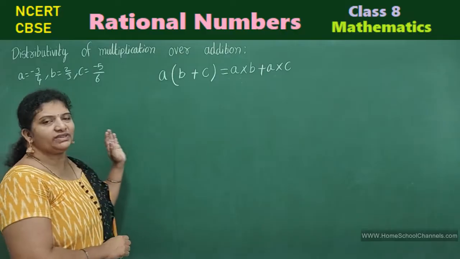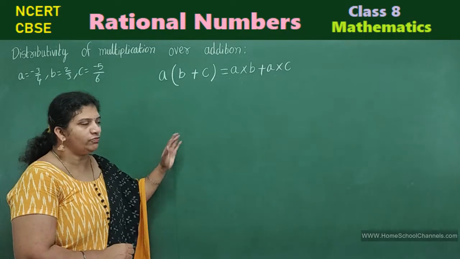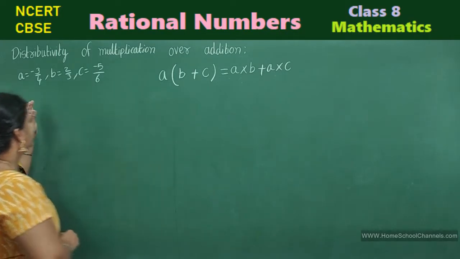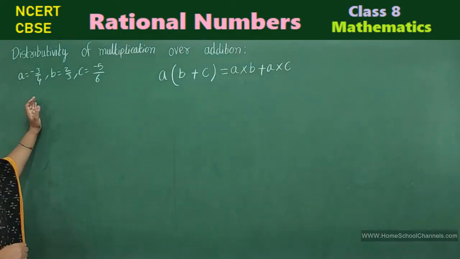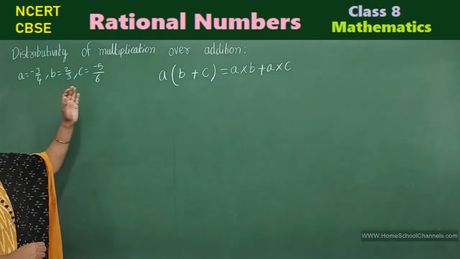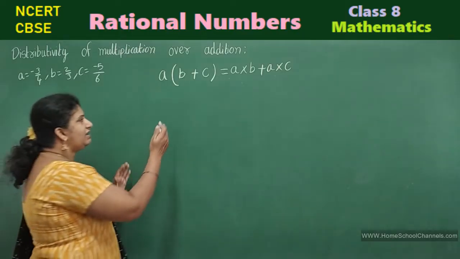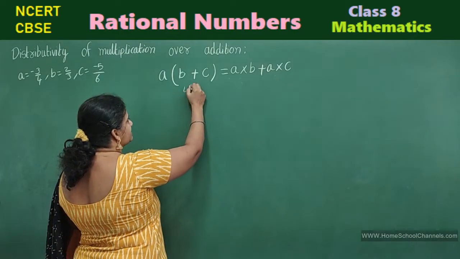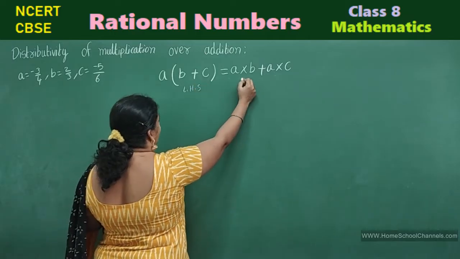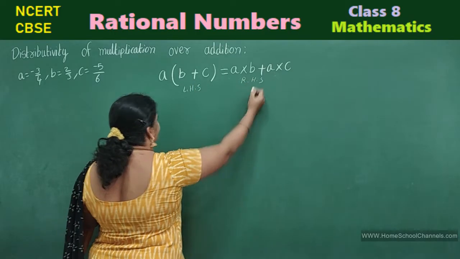I am going to take an example and prove this. Let A equal to minus 3 by 4, B is equal to 2 by 3, C is equal to minus 5 by 6. Here I may say this is left hand side and this is right hand side.